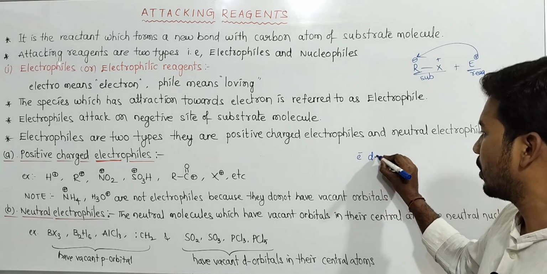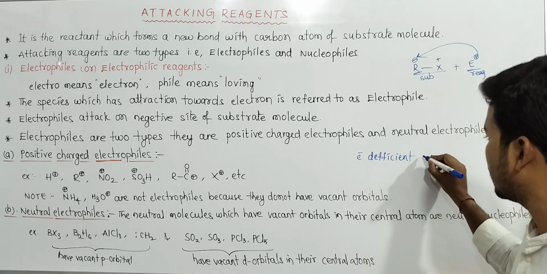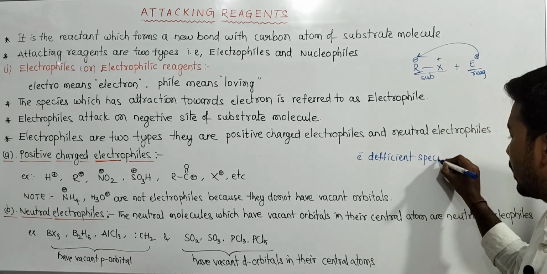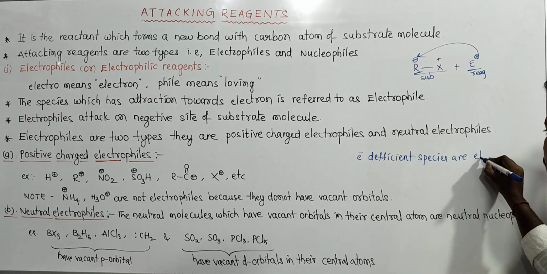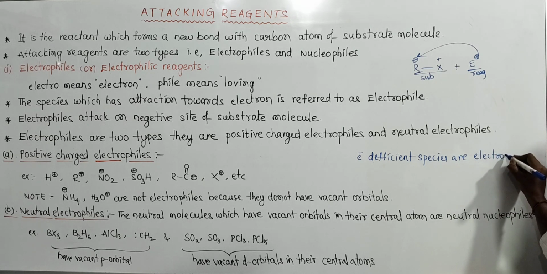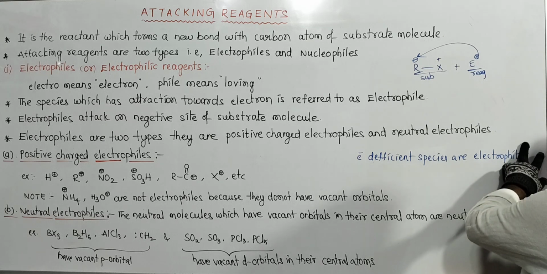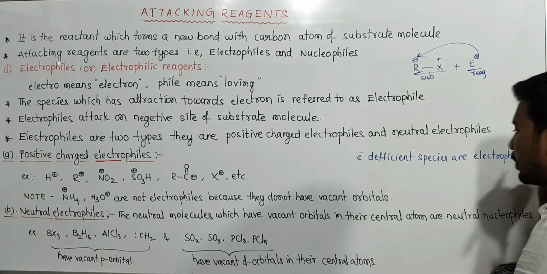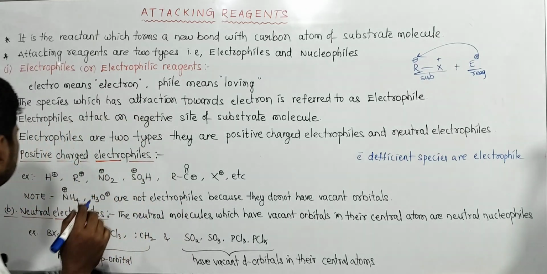Simply, electron pair acceptors, just like our Lewis acids. So Lewis acids are electrophiles.